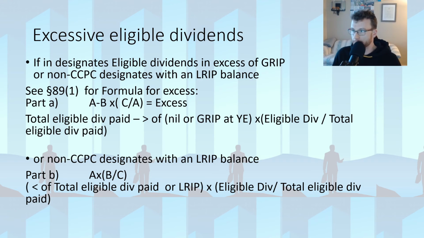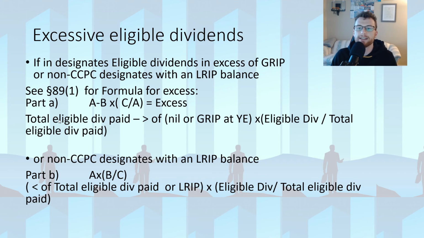If you are a CCPC, the calculation is the following. It's going to be A minus B times C divided by A, which will determine what your excess is. If you look under subsection 89 part 1, you're going to find this formula. The first part, A, is the total dividends paid.